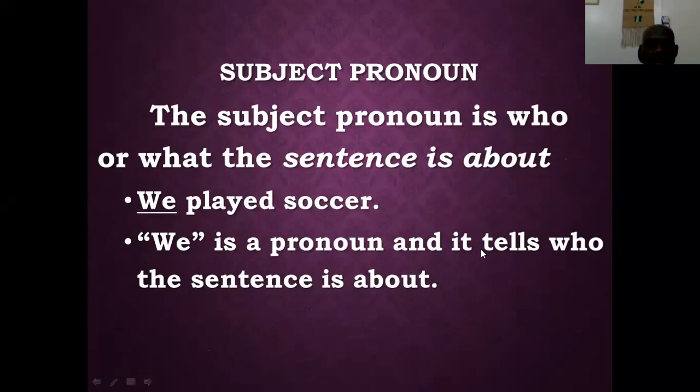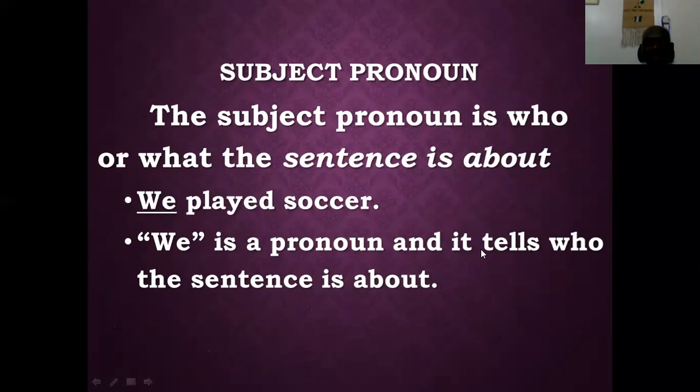Now, pronouns can be grouped into two categories according to their position in sentences. So we have the subject pronoun. What is a subject pronoun? The subject pronoun is who or what the sentence is about, that is, the doer of an action in a sentence.